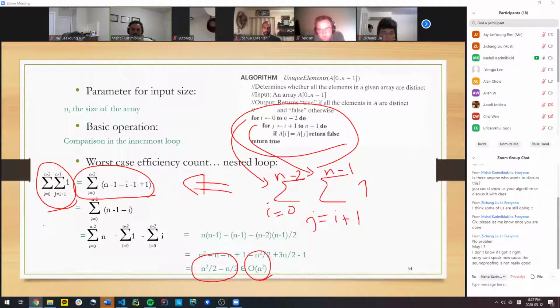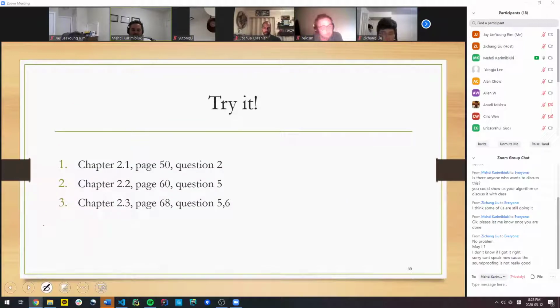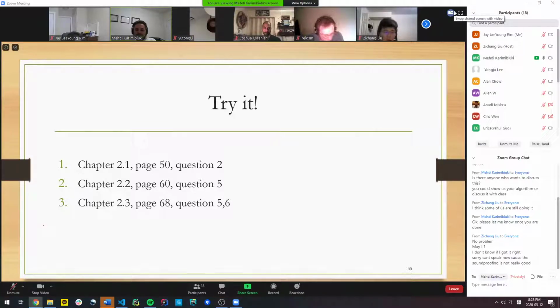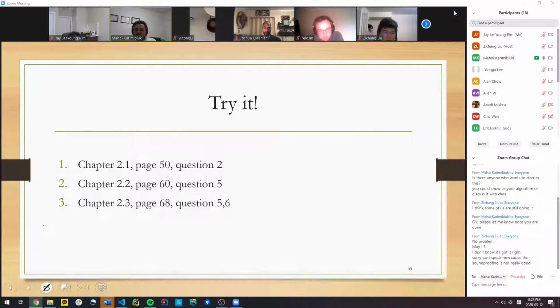For lab assignment 2, I'm going to put some questions about big O and basic operation, and how we calculated the execution time in class. If you have any questions, you're more than welcome to ask now. Otherwise, I want to take a 15 minute break, and then we can come back and start at 8:45 for our second slide set.